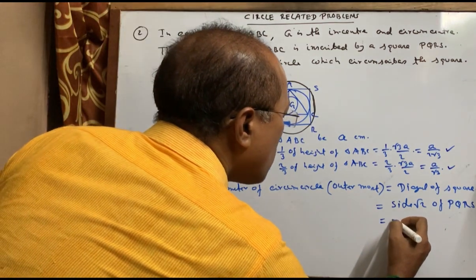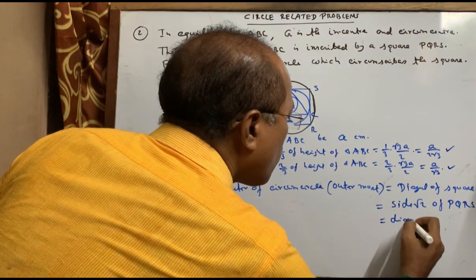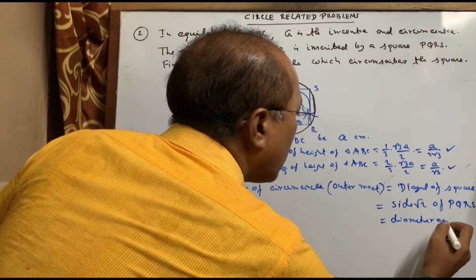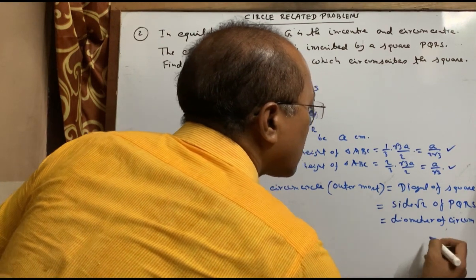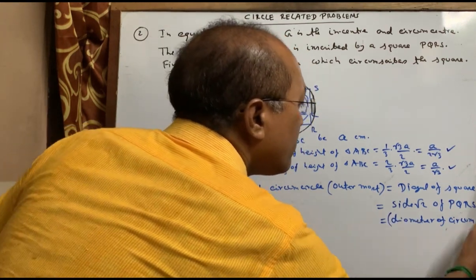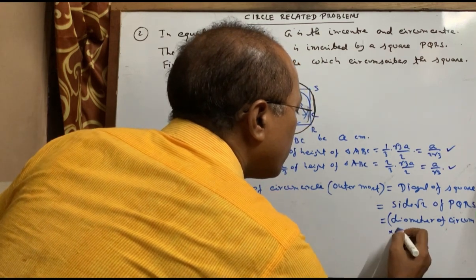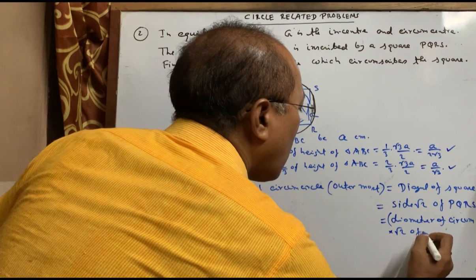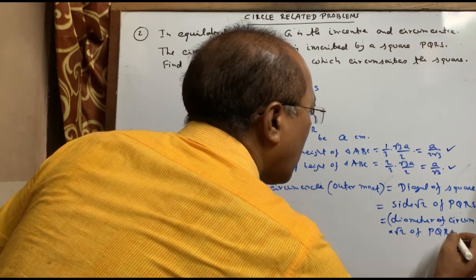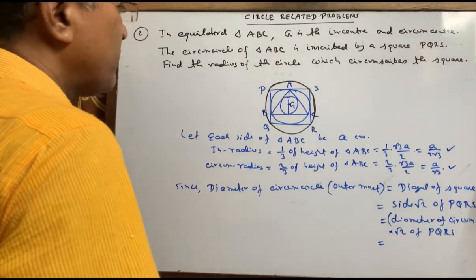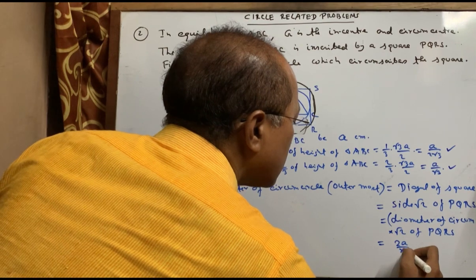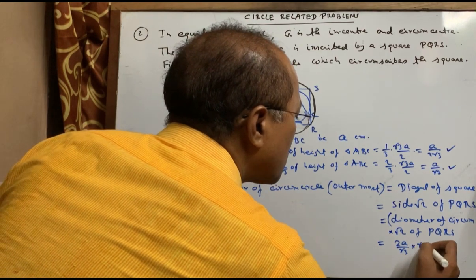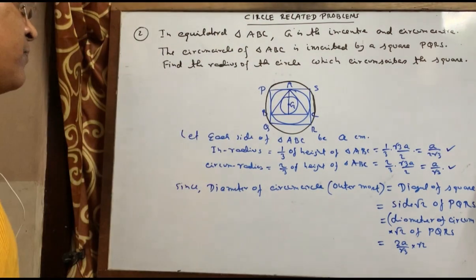Then side is equal to diameter of circumcircle, into root 2 of PQRS, that is equal to twice a by root 3 into root 2 of PQRS.